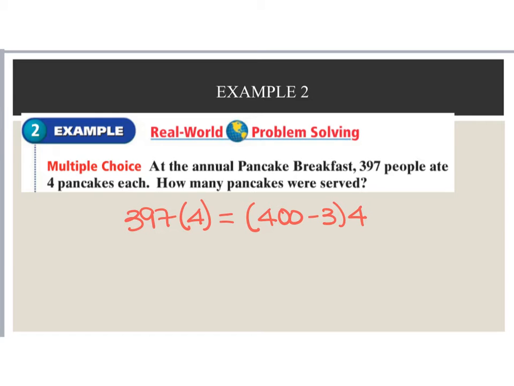And I want to do that, again, because it makes the math a little bit easier when I'm trying to do this in my head. So 4 times 400 will give me 1,600. 4 times 3 is 12, so 1,600 minus 12 will be 1,588. And this would be pancakes.